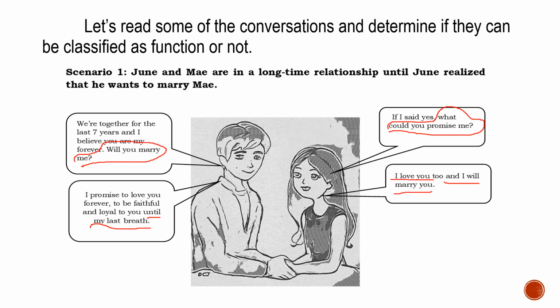So at the end of this story, if May decided to marry June, and June continued doing his promises to May, then there is a one-to-one relationship between June and May.